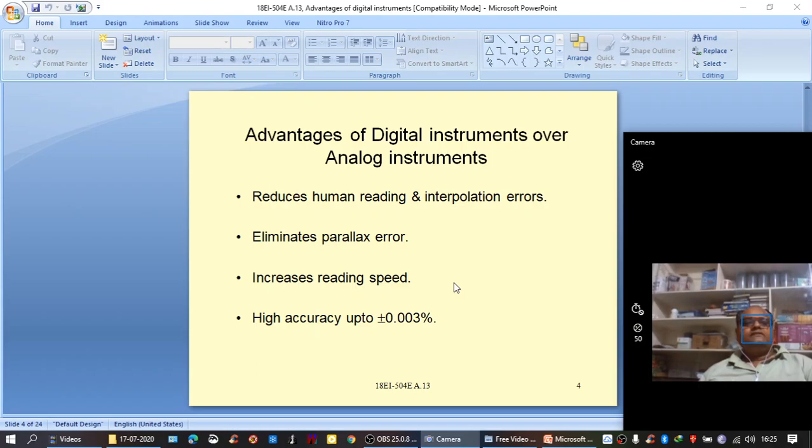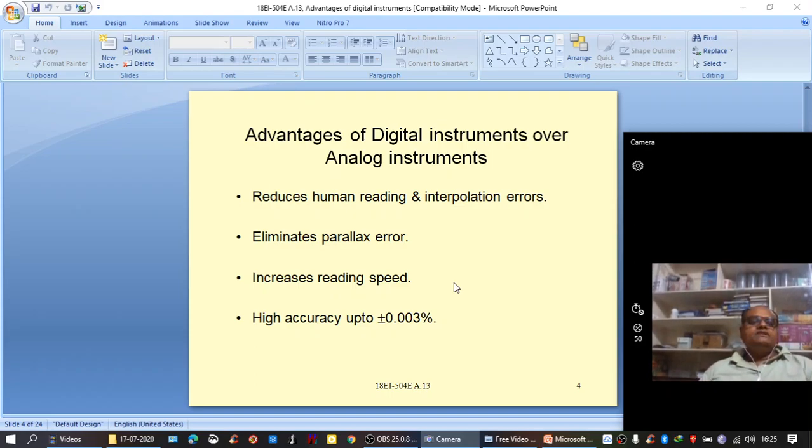Here the scale would be calibrated in five main divisions with 2 milliamperes each, and one main division will be divided into 10 subdivisions, each subdivision corresponding to 0.2 milliamperes.